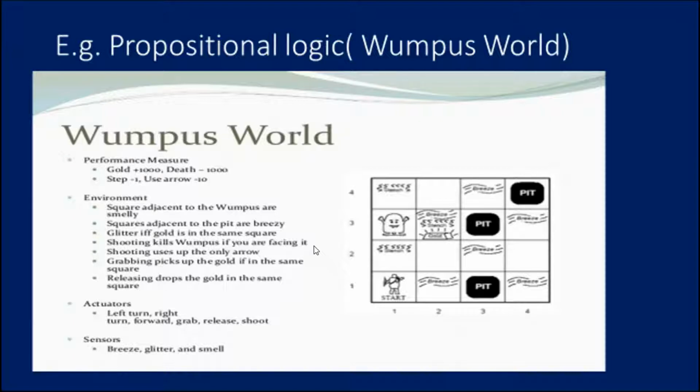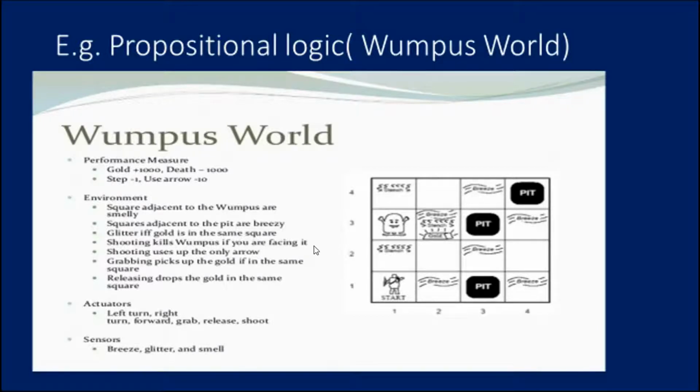The cave has a room with a beast called the Wumpus, who eats anyone who enters the room. The Wumpus can be shot by the agent, but the agent has a single arrow. In the Wumpus world, there are some bottomless pit rooms, and if the agent falls in a pit, he will be stuck there forever.